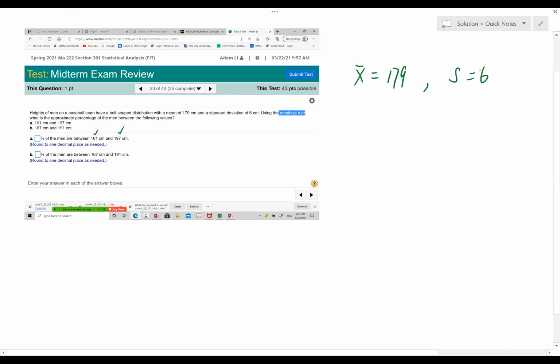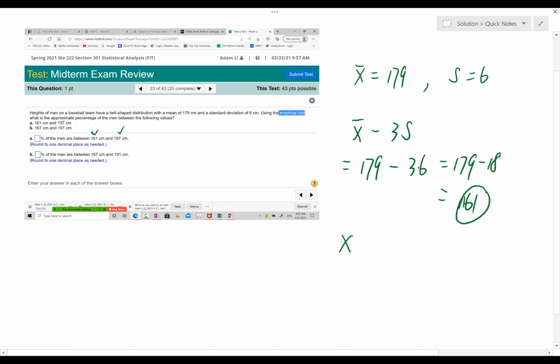So 161, the difference between 179 and 161 is 18. That looks like 3 standard deviations of the mean. So if you do x bar minus 3 standard deviations, that's 179 minus 3 times 6. This is 179 minus 18, and this turned out to be 161. That matches this lower bound here.